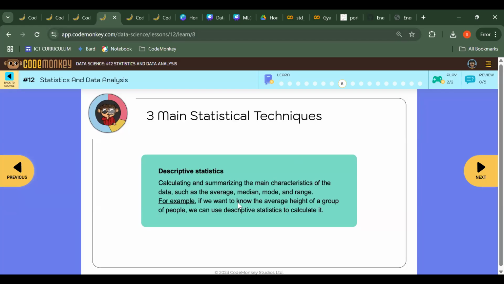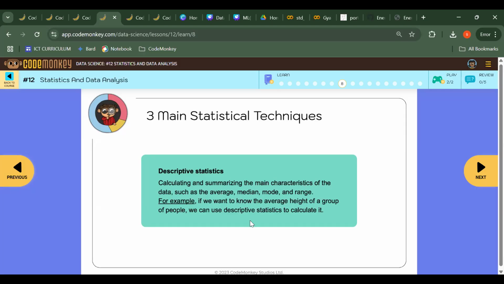For example, let's say you ask 10 friends their favorite ice cream flavor. Four of your friends like chocolate, three friends like strawberry. You can use descriptive statistics to show what the most popular flavor is. Then you can also find the average age of your friends that you asked.